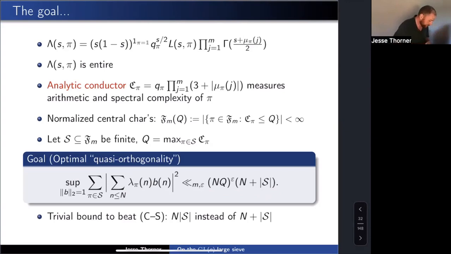What's the trivial bound that we're trying to beat? It's simply the bound that comes from Cauchy-Schwarz. Instead of N plus size of S, we would have N times size of S. So this is the threshold that we're trying to beat, and we're trying to make it all the way to here.